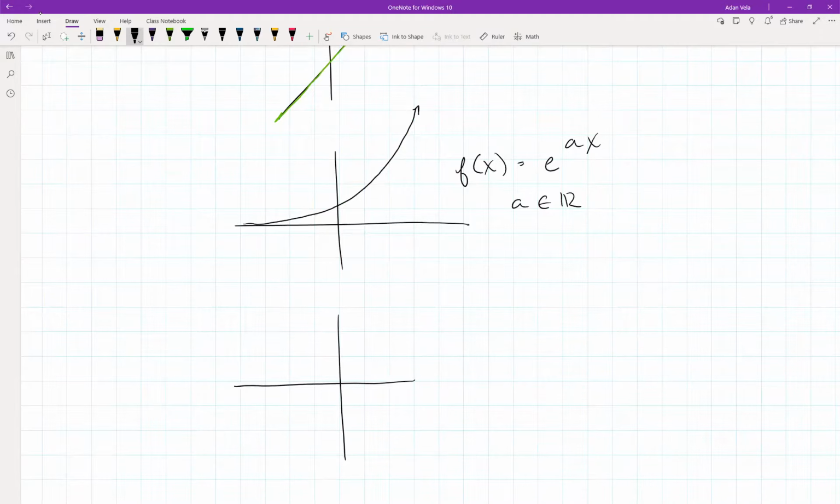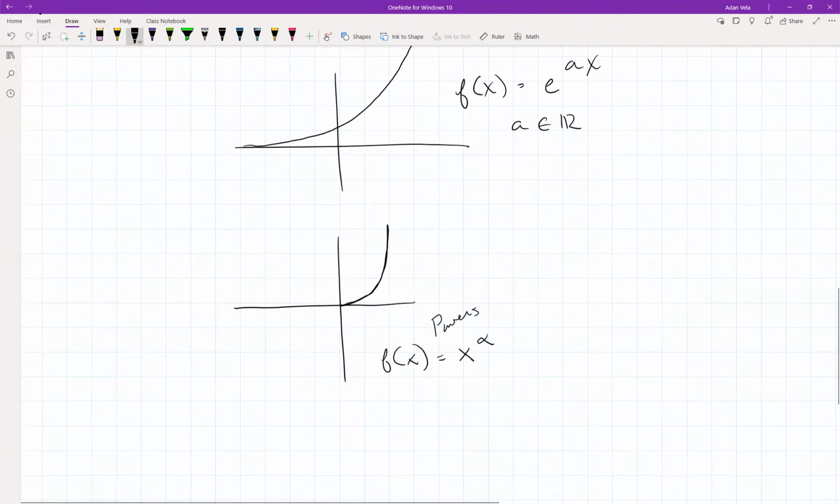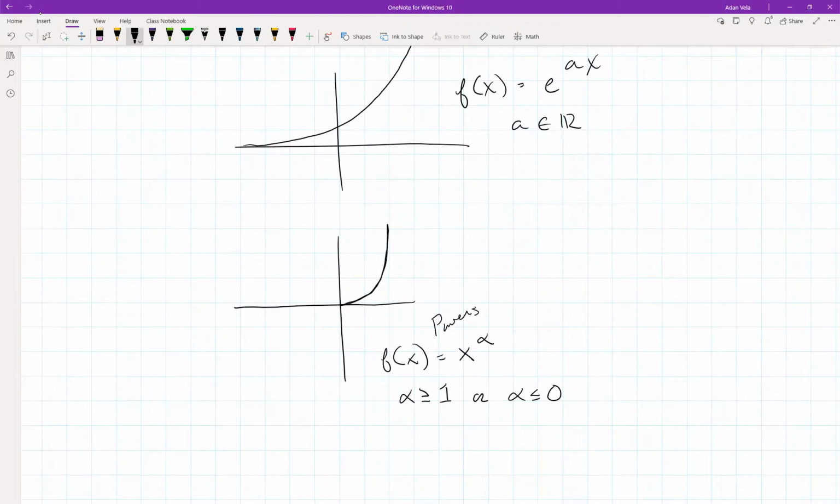If we're a little bit careful, all powers are also convex, right? So like quadratics, to the third power, fourth power, fifth power. So f of x equals x to alpha. But we do have to be careful. This is only true for alpha greater than or equal to 1, or alpha less than or equal to 0. And you've got to make sure that x is greater than 0.